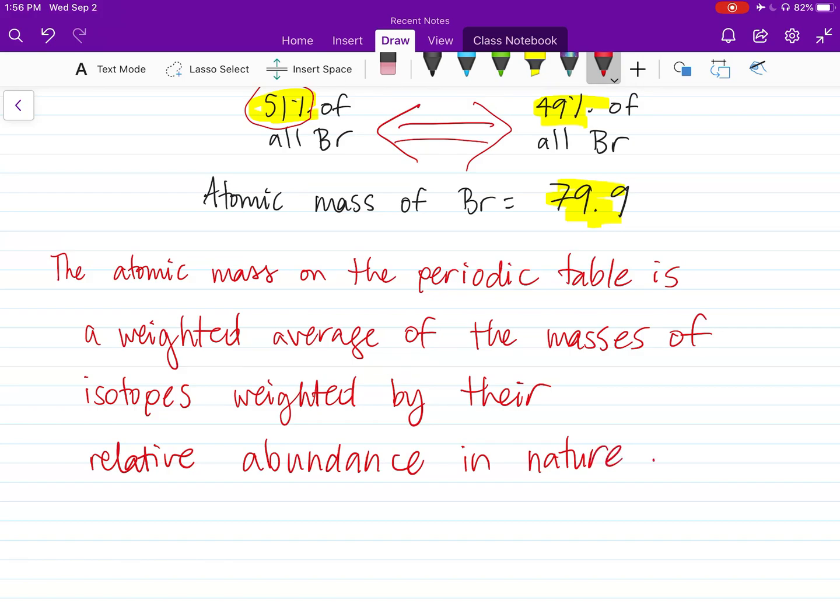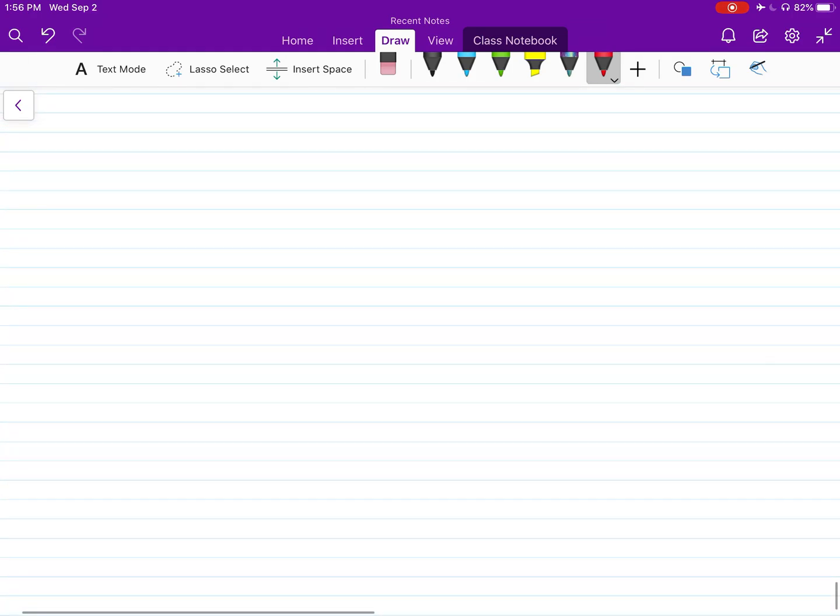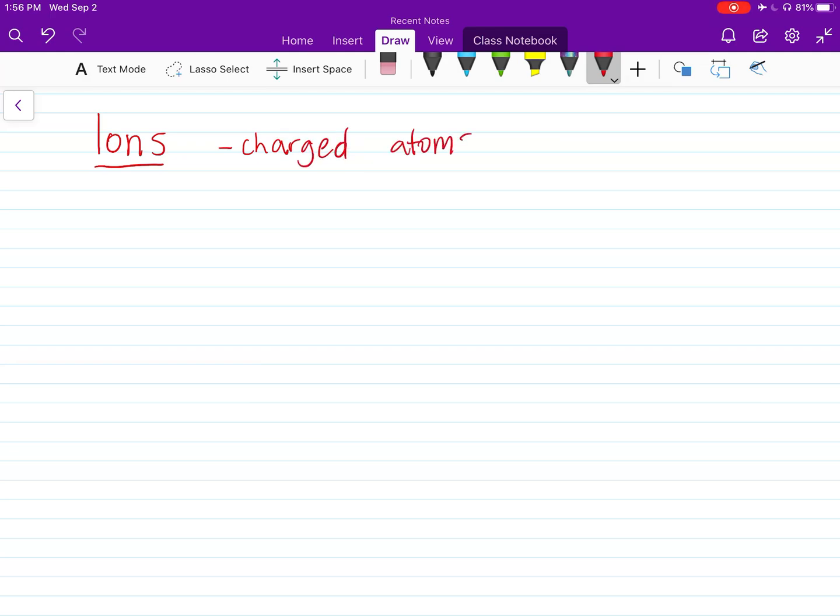So we were using atomic symbols to figure out the number of protons, neutrons, and electrons in various isotopes. Now I want to define another vocabulary word that begins with I, ions. So ions are just charged species. They are charged atoms. They can also be molecules.